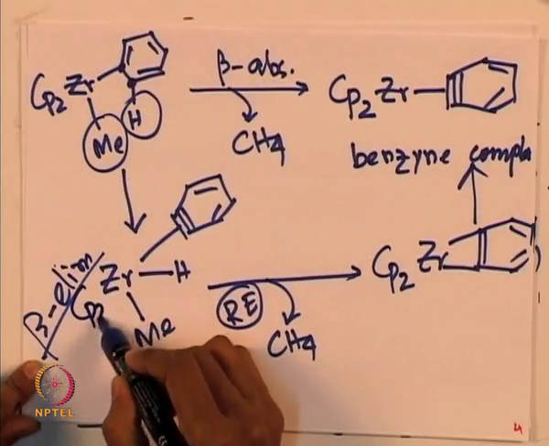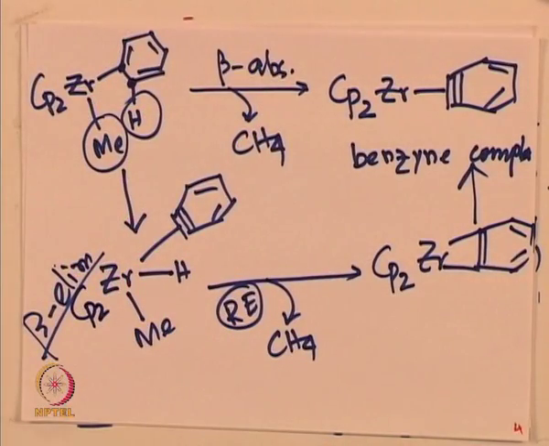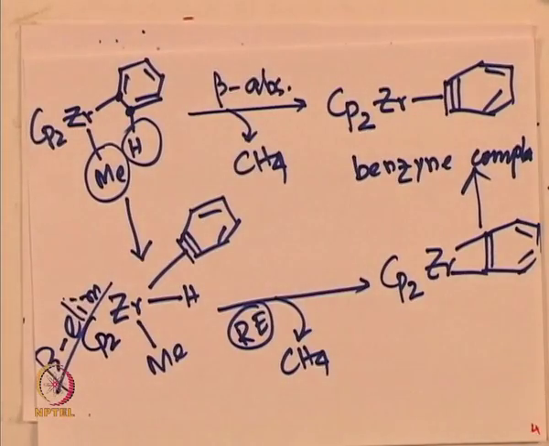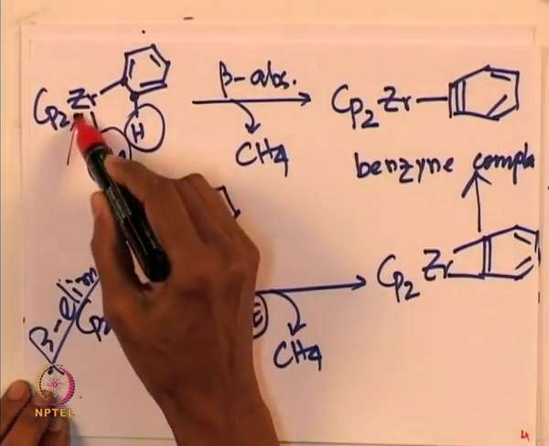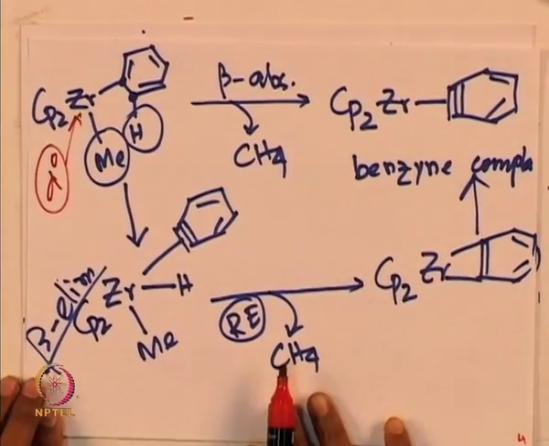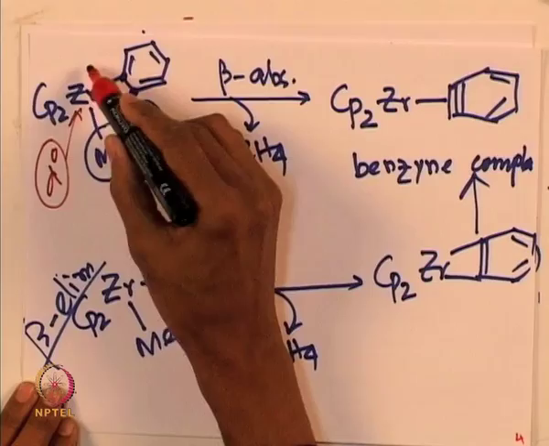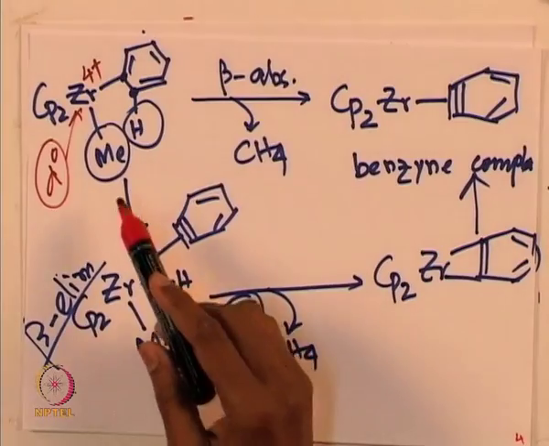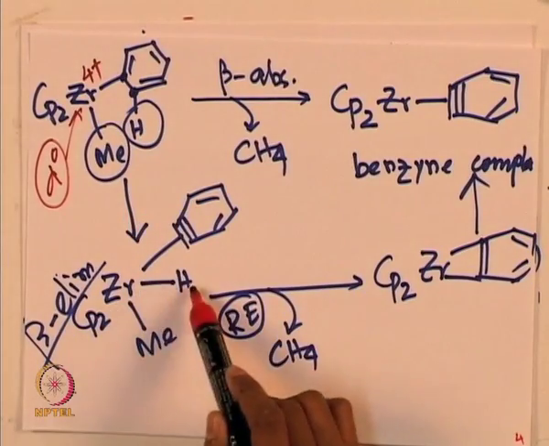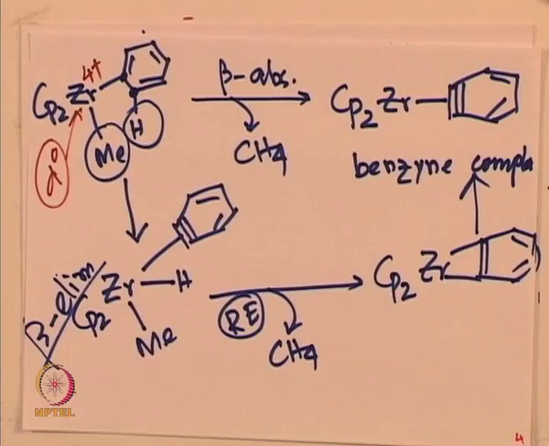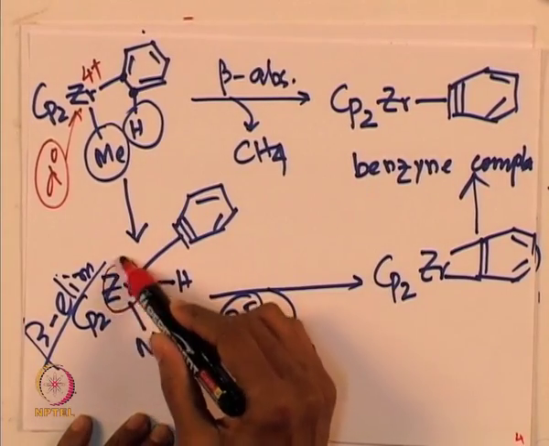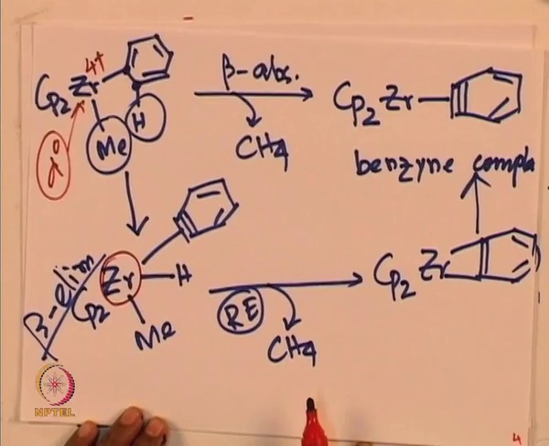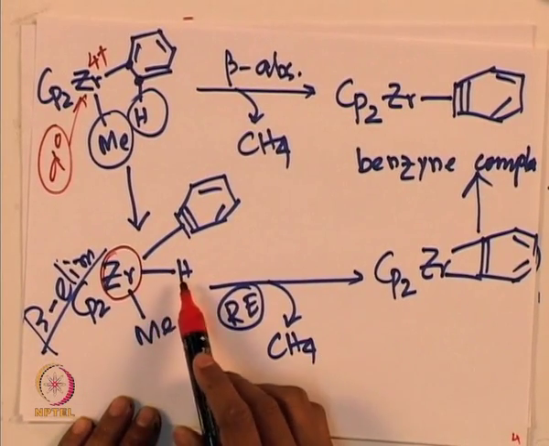Okay, let's go back one more time to this example, where we see that this zirconium is a d0 center, zirconium 4 plus. Now, for this metal hydride formation, you should have d electrons available to undergo such an intermediate, right.